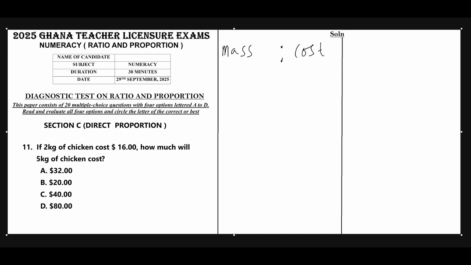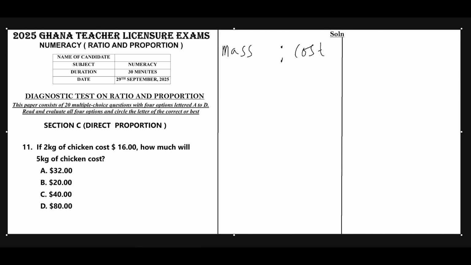So this is a direct relationship. As the mass of the chicken increases, your cost also increases, or as the mass decreases, the cost also decreases. So this is a direct proportion.